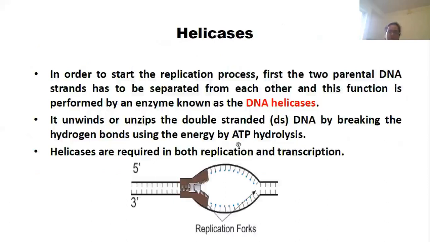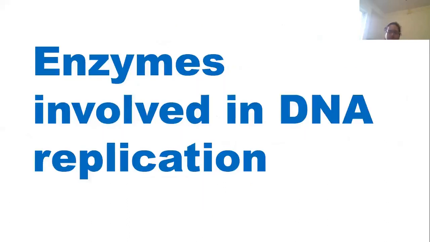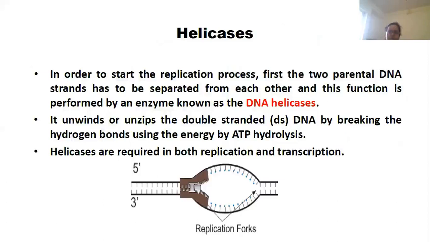Once there is the addition of any incorrect or abnormal base, it can correct it, and it also corrects it by using repair mechanisms. So we can say that the enzymes involved in DNA replication must have proofreading as well as repair mechanisms. So DNA replication occurs with a high degree of fidelity.